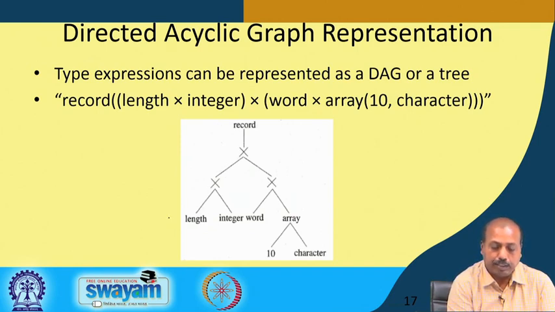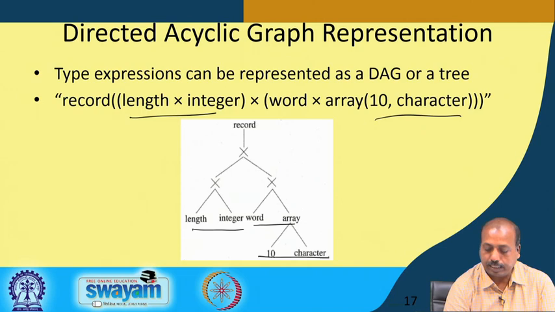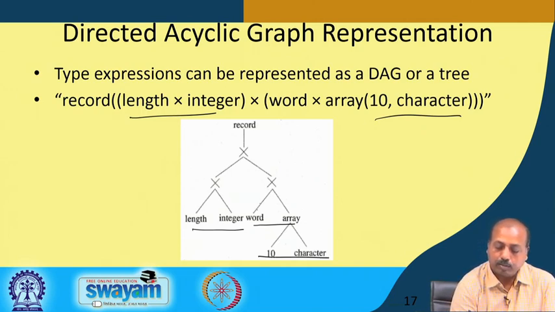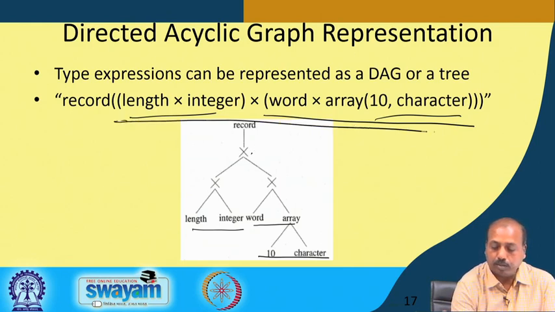At the lowest level you have this left side, length and integer. So, this is length cross integer. And you have word cross array, and that array is again 10 characters. So, that is a product, and then we have the cross product of word and array. That gives rise to this part, and then we have the cross product of the whole thing.